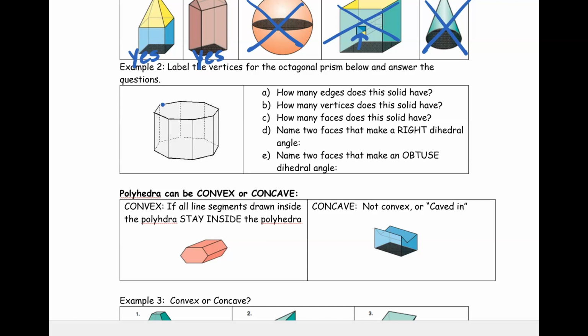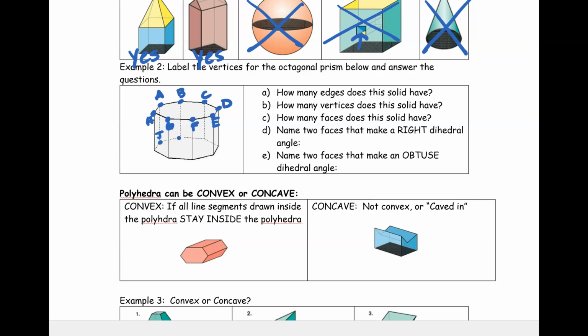So let's actually label this. I'm going to identify each vertex and give it a letter. So I'm going to call this A, B, C, D, E, F, G, H, okay? And then I'm going to go down and continue.